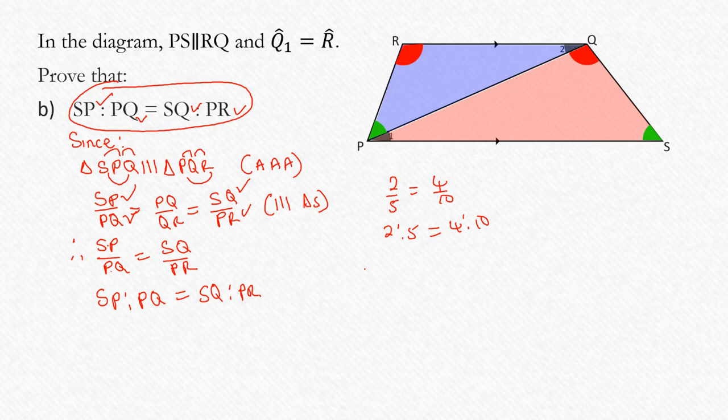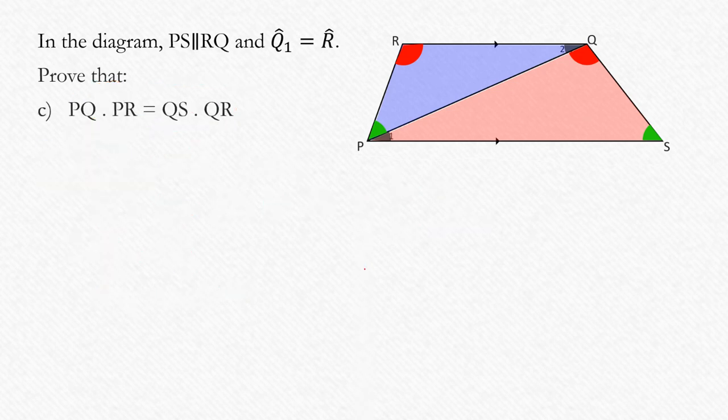Let's go to C. Prove that PQ times PR is equal to QS times QR. So we go back to our similarity.